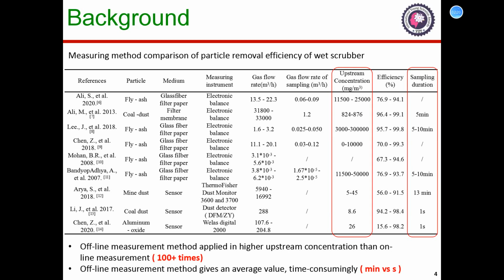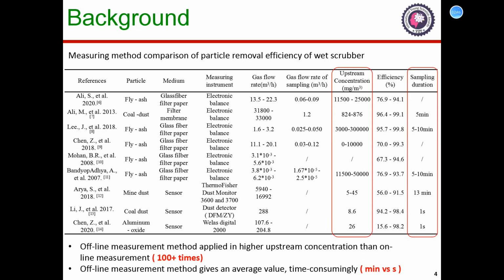The first type is the offline measurement method, which is based on filter paper technology, and the other type is the online measurement, which uses sensor technology. From the data, we can see there are differences.